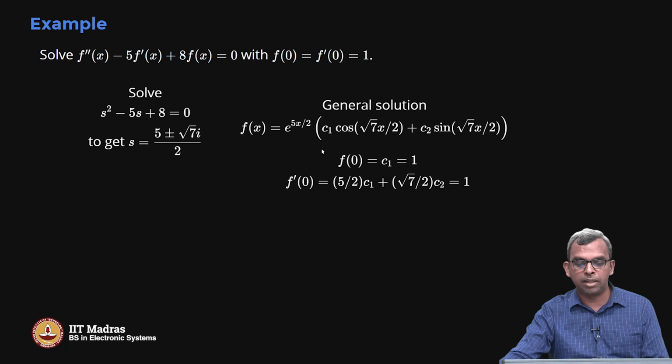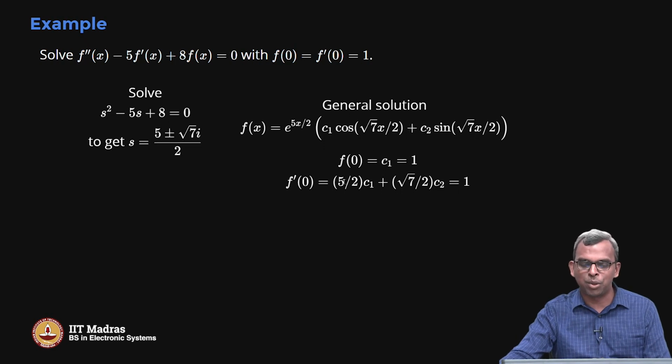How do I find C1 and C2? You know how to evaluate f of 0. These functions are known to you. Sin 0 is 0, cos 0 is 1. This is 1, so C1 is 1. For f prime, again you have to differentiate. Now you have to use the product rule with e power and cos, and then go ahead and substitute. I've done all that for you and finally given you a simple formula.